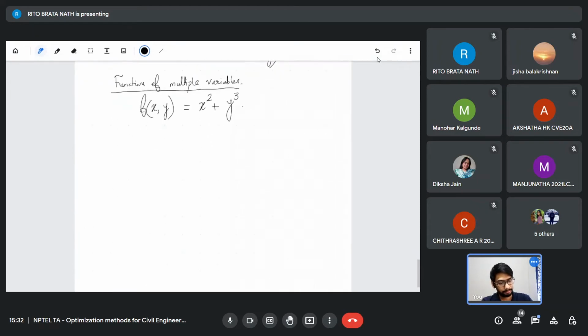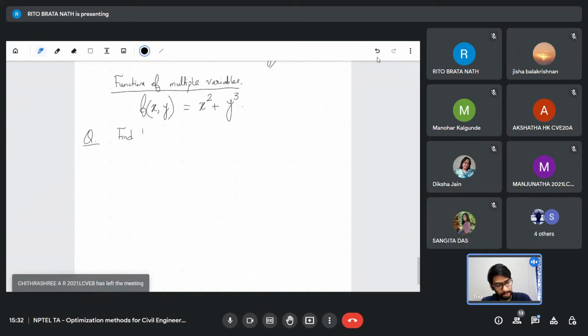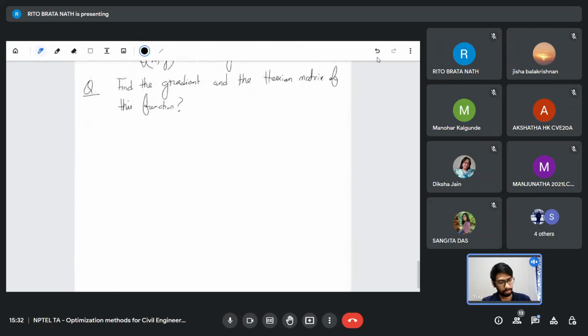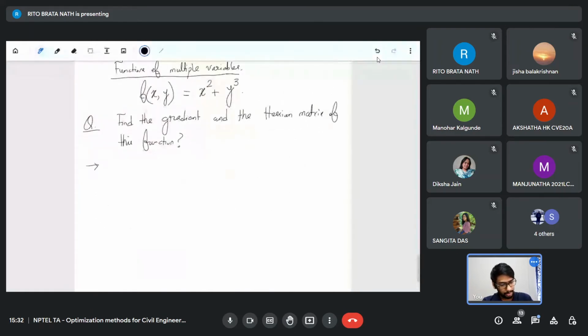The question is, find the gradient and the Hessian matrix of this function. So suppose we have a function like this, as I have written it down already.